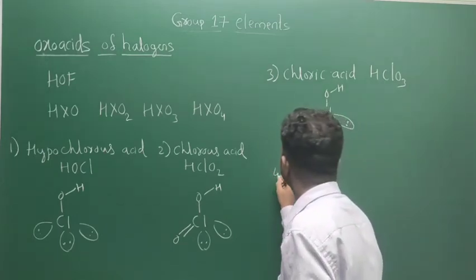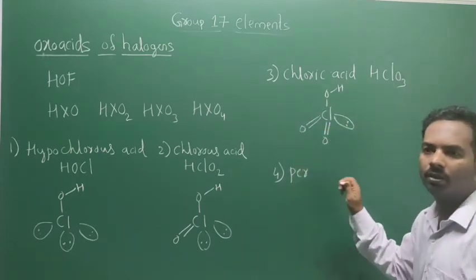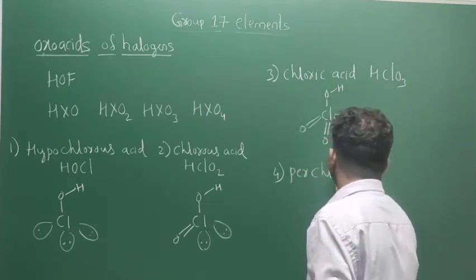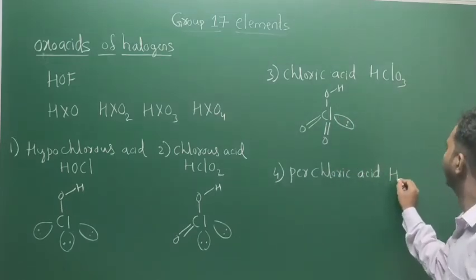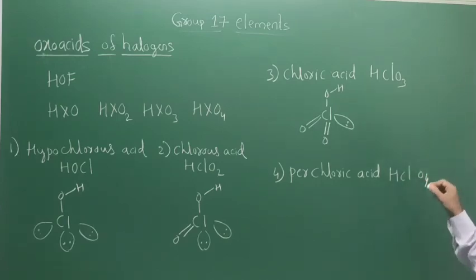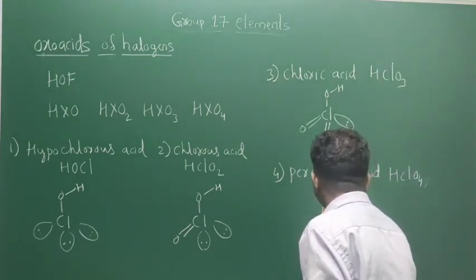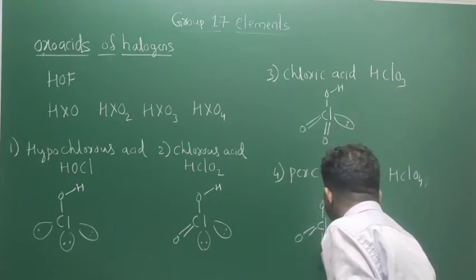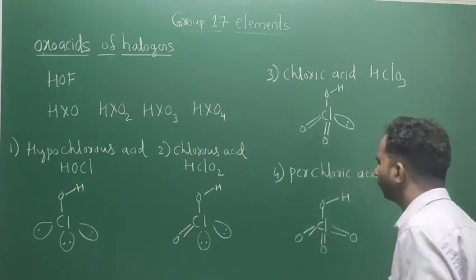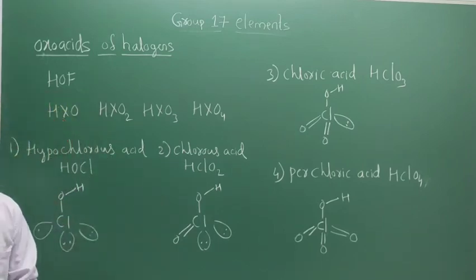So next, fourth one, perchloric acid. So formula HClO4. So structure is Cl-OH containing 3 Cl double bond O. So here this is about the oxoacids of halogen.